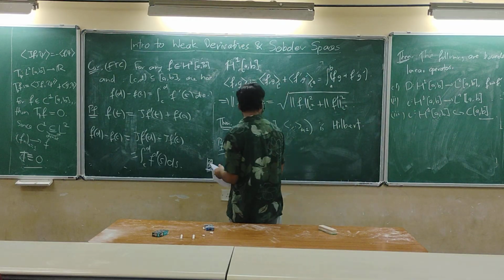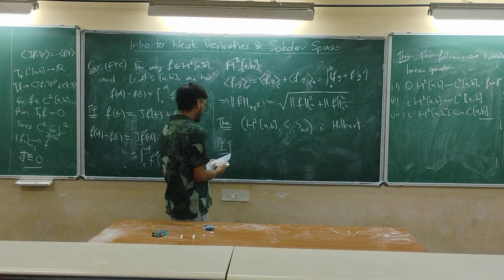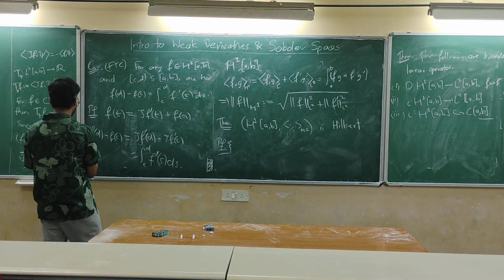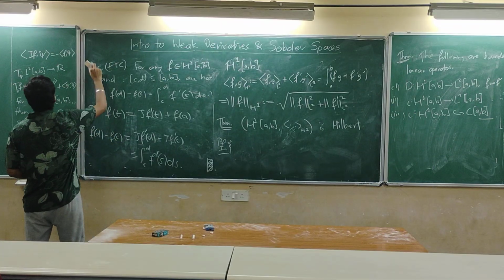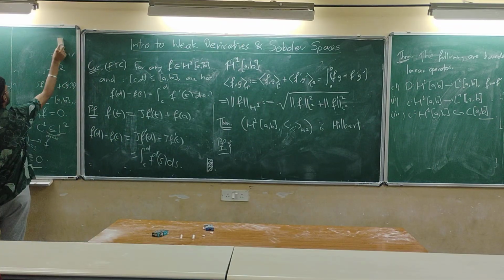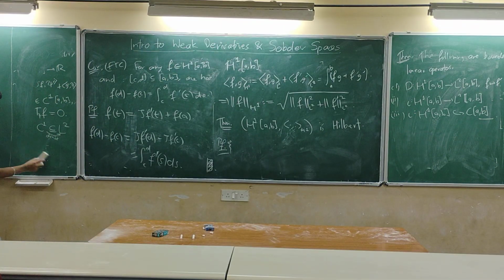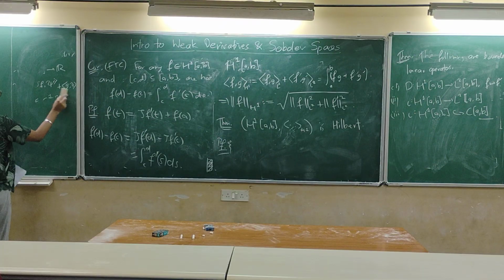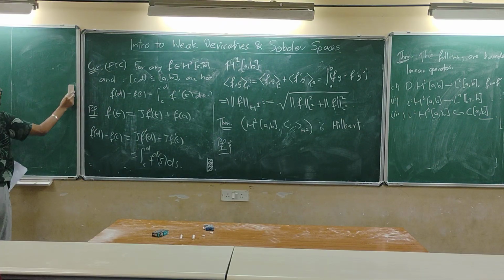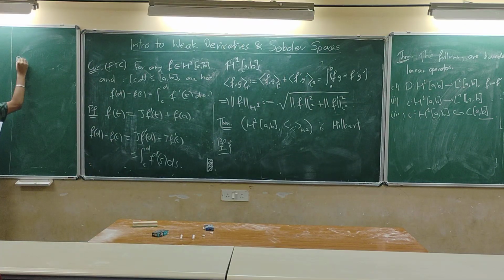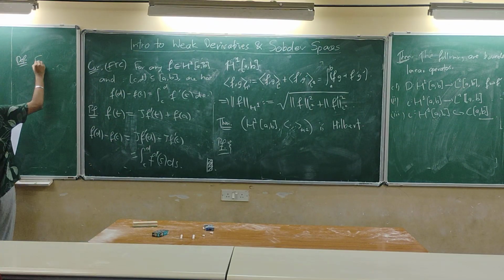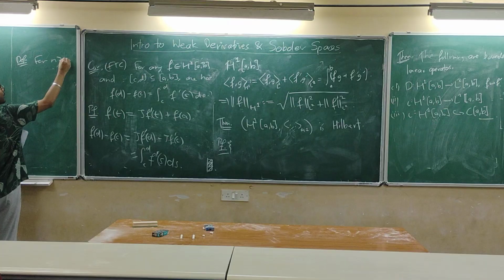If I want to look into higher order Sobolev spaces, here is the definition for n greater than or equal to 2.